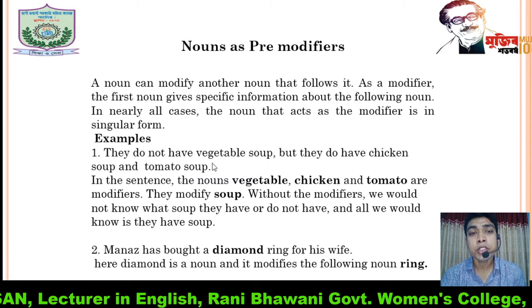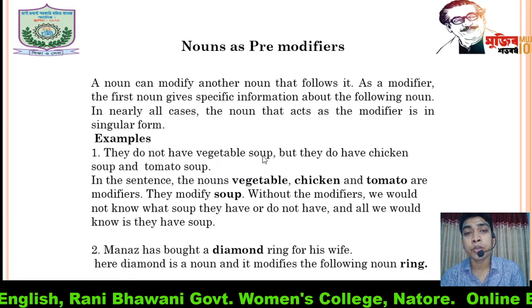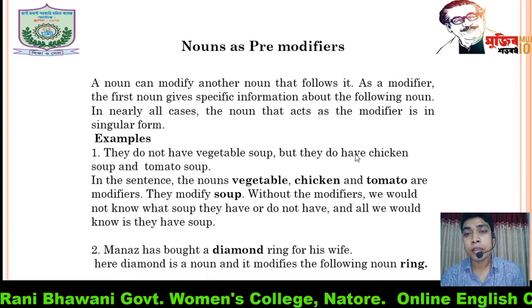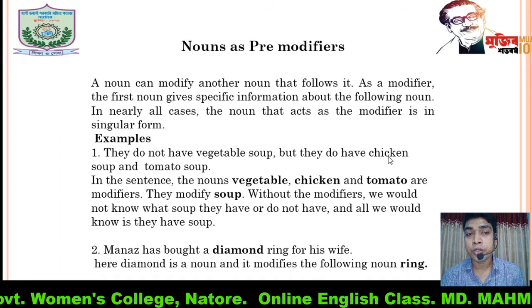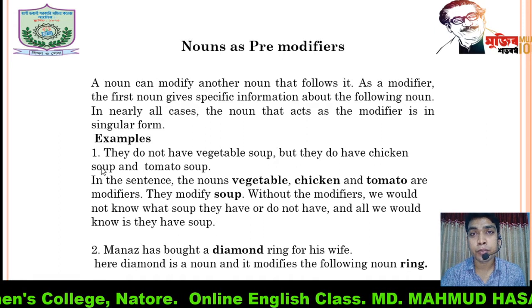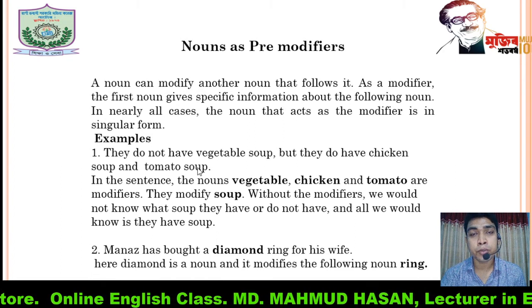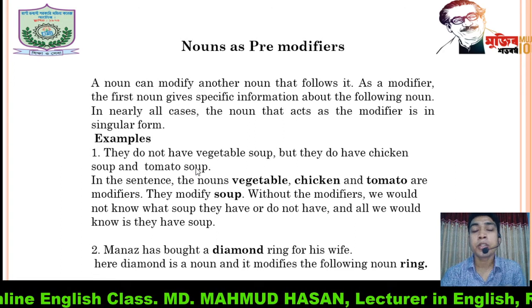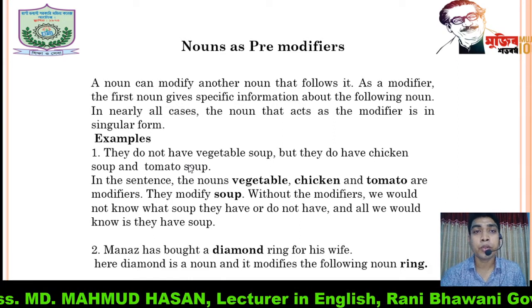So the first word, vegetable, is the modifier of the second noun, soup. Chicken is the modifier of soup. Tomato is the modifier of soup. So the first noun is modifying the following noun.